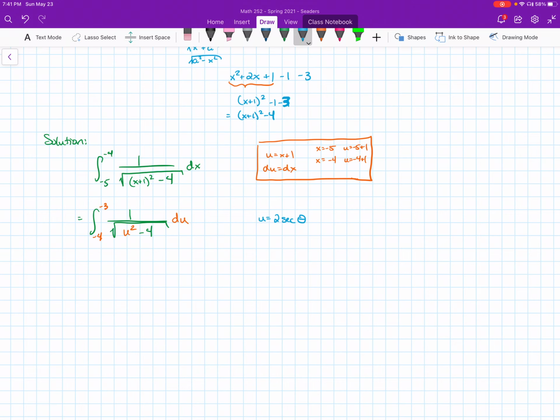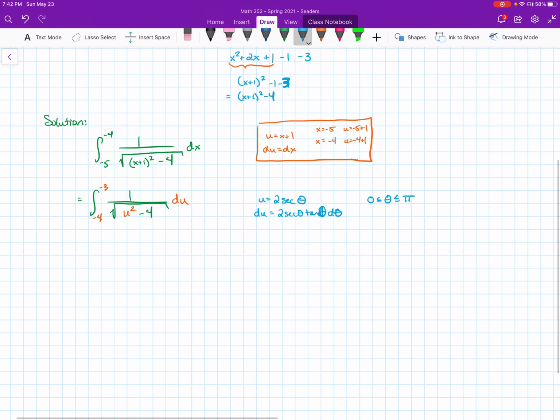Also, du will be 2 secant theta tangent theta d theta. Because it's secant theta, so I might want an arc cosine later, I'm going to have this domain: 0 is less than or equal to theta is less than or equal to pi.